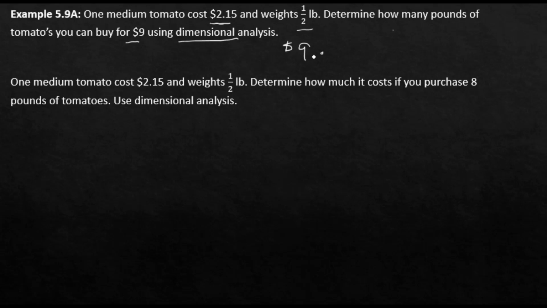So I have $9, and I'm going to get rid of the dollars by placing them in the denominator. That's $2.15. And the pounds I have, I'm going to place in the numerator, 1/2 pound. So the dollars cancel, and I multiply 9 times 1/2, and then I'm going to divide that by 2.15.